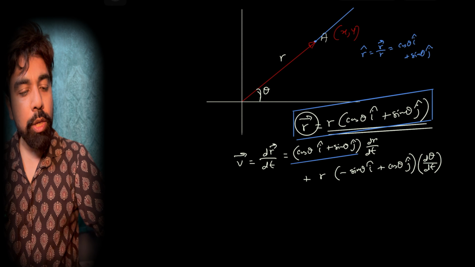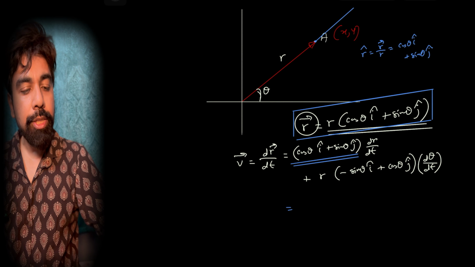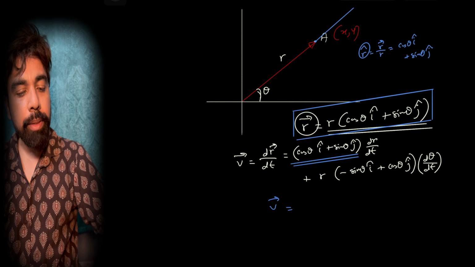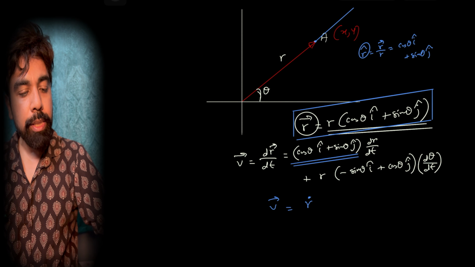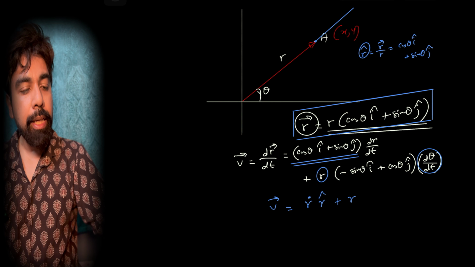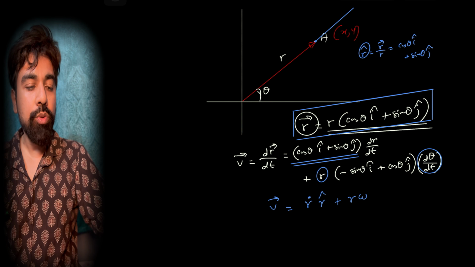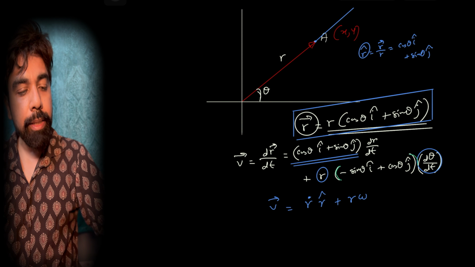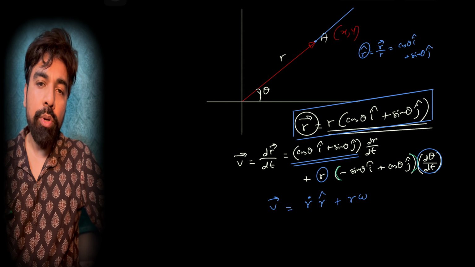This is the r cap. So the velocity vector I am getting is dr by dt into r cap plus r, and d theta by dt is omega, r into omega, multiplied with this bracket term minus sin theta i cap plus cos theta j cap.